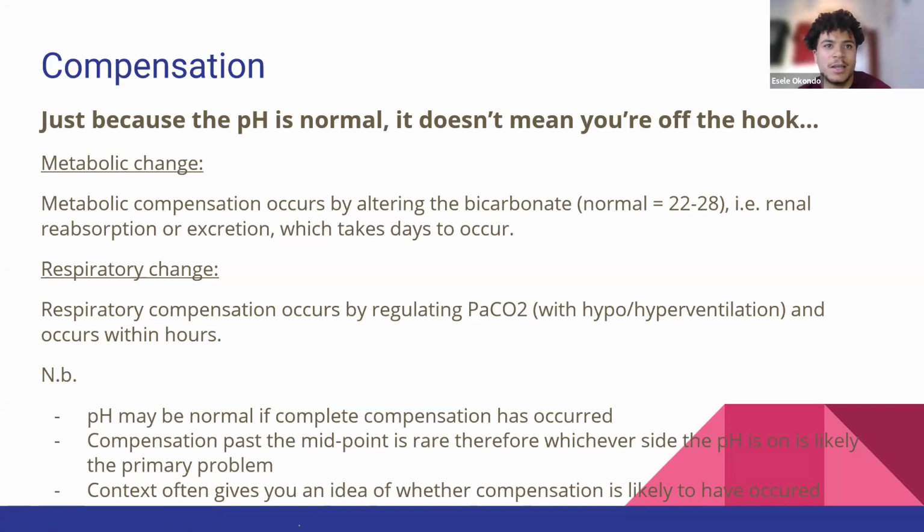Metabolic compensation in respiratory acidosis, the kidney may retain more bicarb to buffer, and the kidney can also retain more acid in a respiratory alkalosis as well.